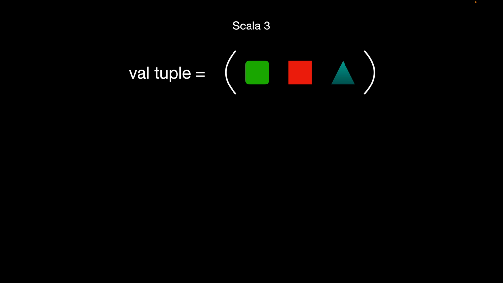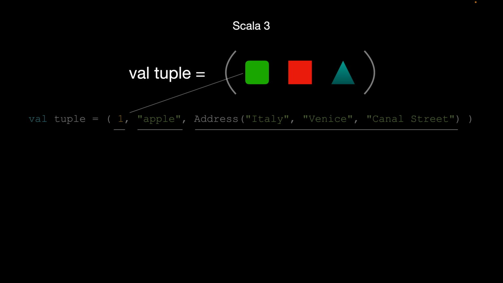So for example, we can define such a tuple which contains three elements, three members of it. The first is an integer, the second is a string, and the third is just an object of type Address. Note that we can omit the type declaration.